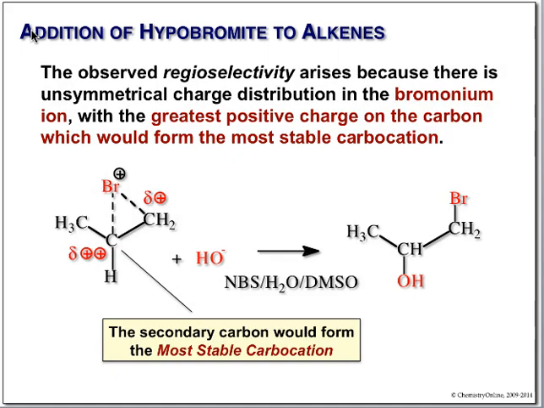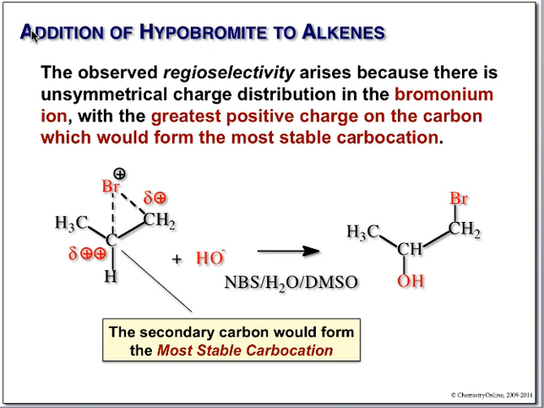Simply because these two carbons that were the alkene carbons are going to distribute the charge in such a way that they can stabilize it best. That means that most of the positive charge is going to be on the secondary carbon and less on the primary. Because there's more charge here, water or hydroxide will attack that carbon, and that's why we get Markovnikov regiochemistry relative to the OH group.